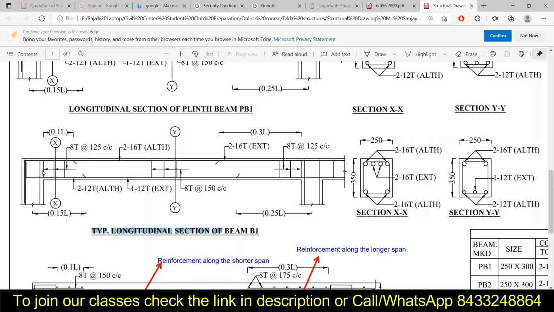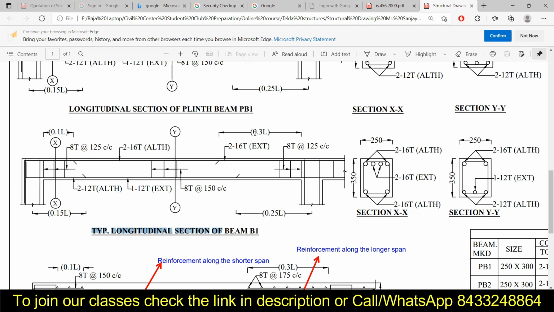This column is provided over here, so we start measuring the length from here only. So we measure a length of 0.1 L for the discontinuous end, and for the continuous end we measure a length of 0.3 L for the extra reinforcement in beams.